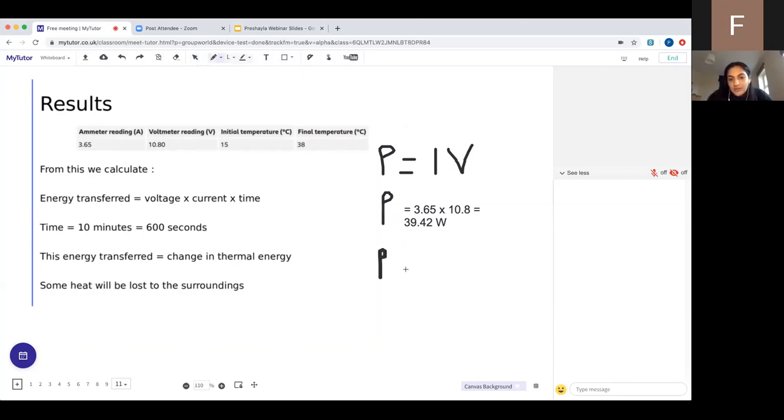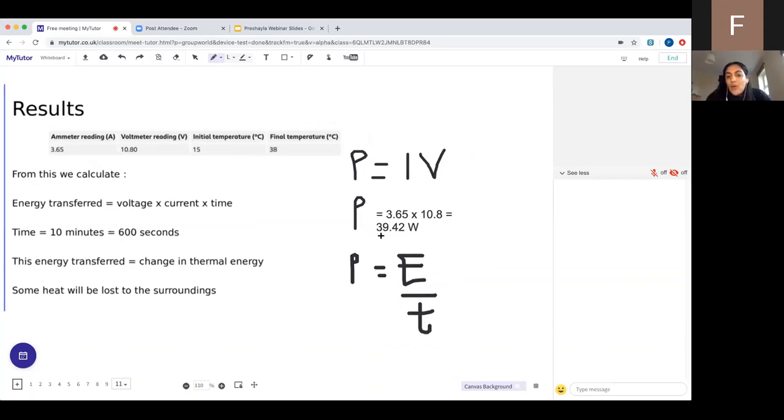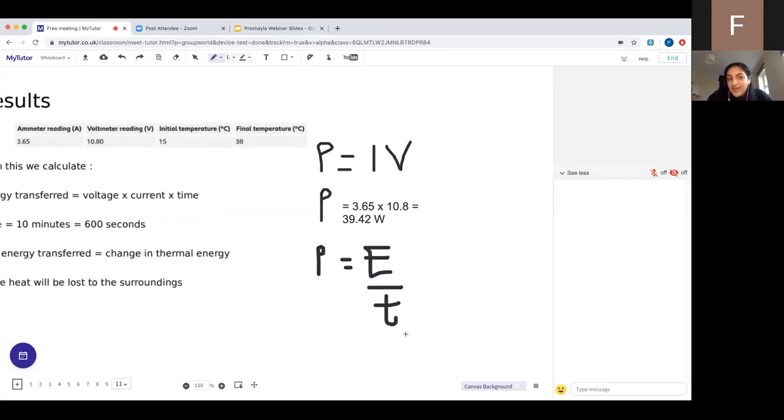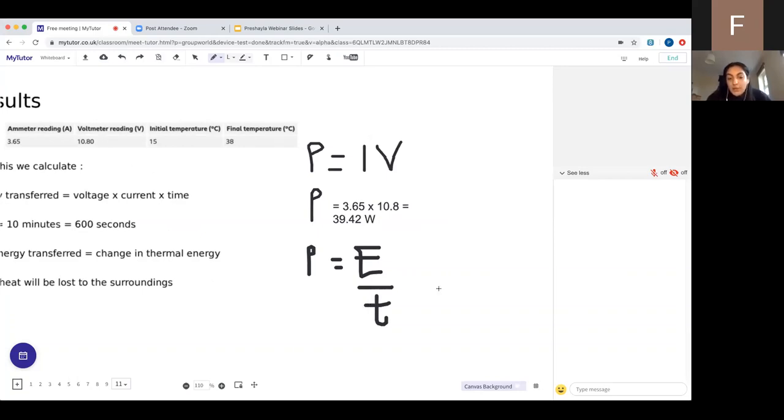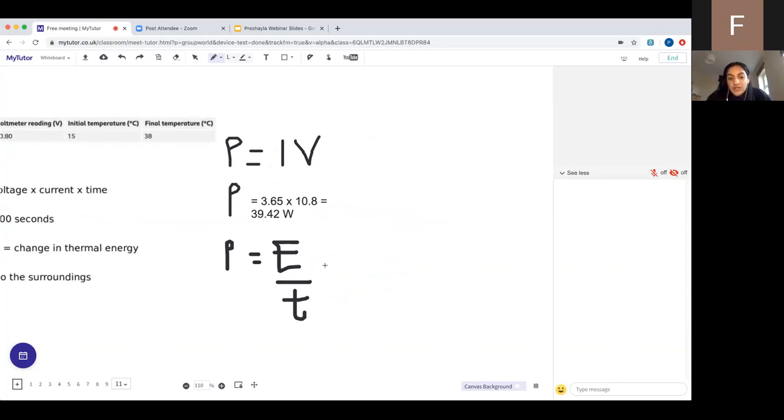Power equals energy over time. So we now have a value for power and we also have a value for time. Remember, time was 10 minutes. So we're going to rearrange our equation for energy.